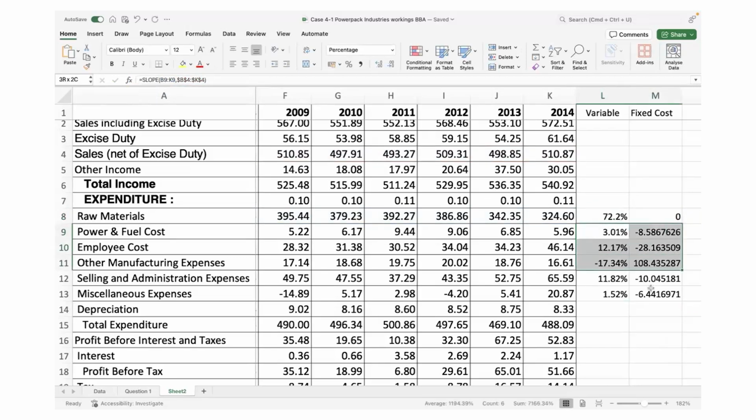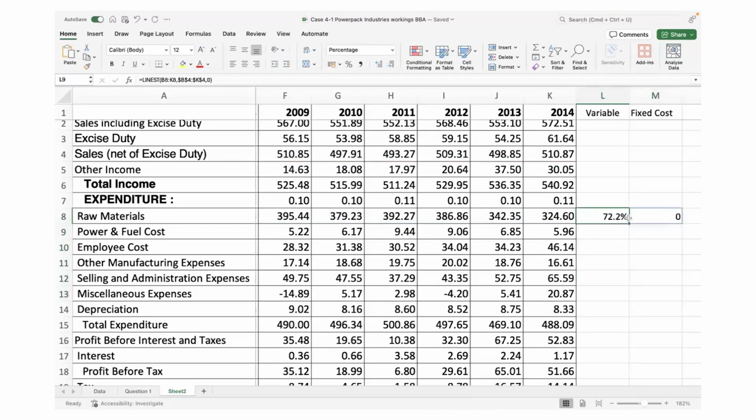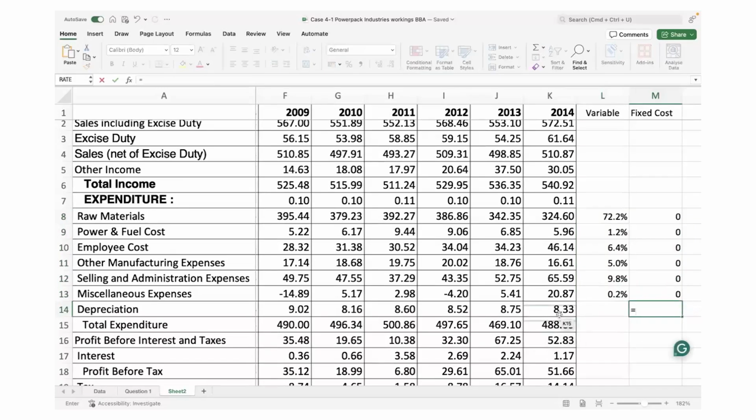So, let me just remove them. All costs are variable in nature, and then we have depreciation. The depreciation is a fixed cost. The latest year is what we consider as the fixed cost.